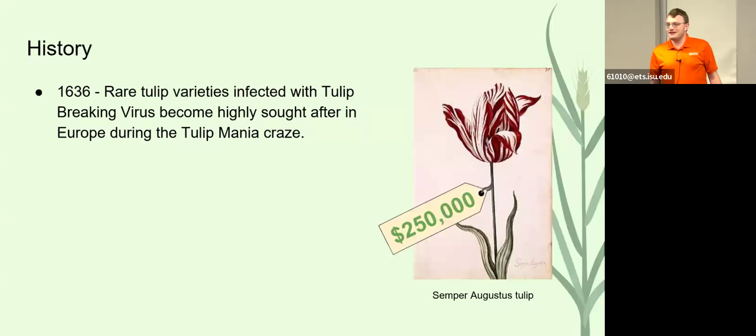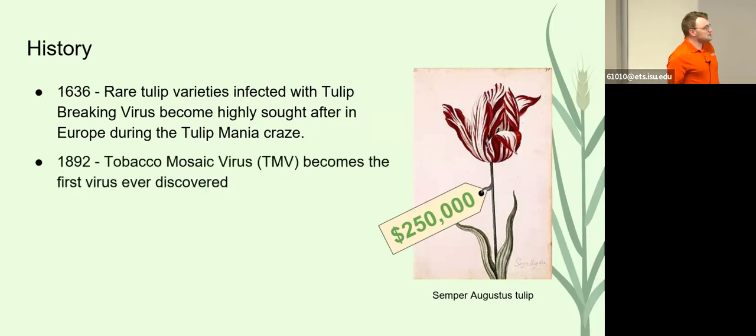They're extinct because the virus that made them look pretty like that also killed them off. After a few generations, they became less viable until the whole strain went extinct. So not only do you pay $250,000 for a bulb, you pay $250,000 for a bulb that dies. It's a real win right there.